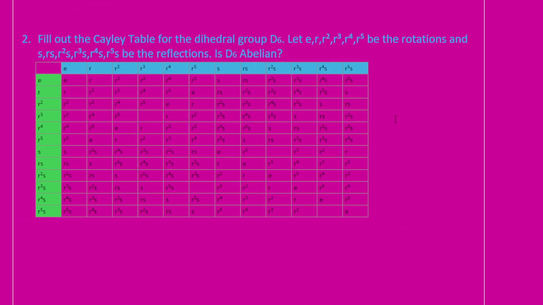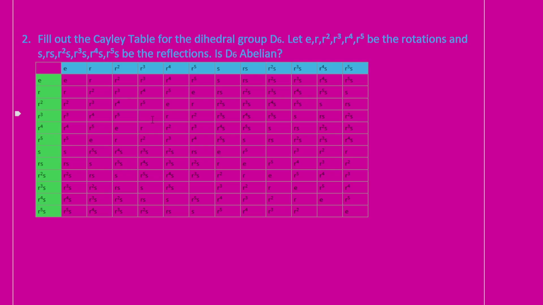But it makes it simpler, especially when you get into much bigger dihedral groups. This was a table that I made in Excel and copied in here. So we should be able to type in these boxes to figure out the missing elements for this Cayley table.